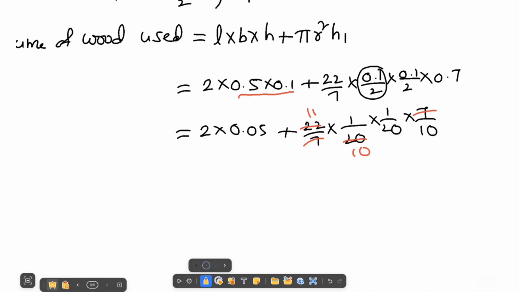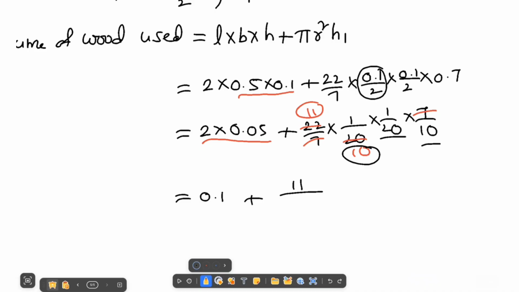Next here, 2 into 0.5 is 1, times 0.1 gives 0.1, plus here 11 in the numerator place, and in the denominator place we have 10 into 20 into 10.